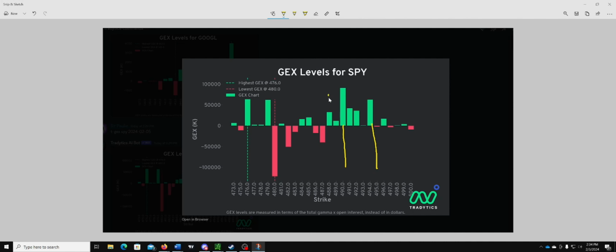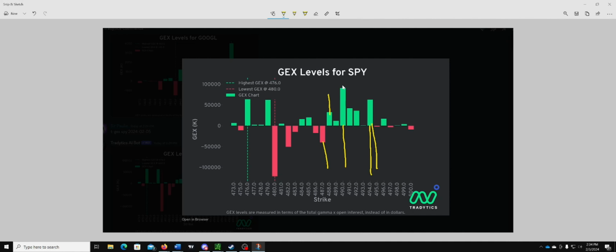That's 488 and 487. Now we are between 490 and 494. That's a terrible line. There you go. 490, 494, both levels of repulsion.